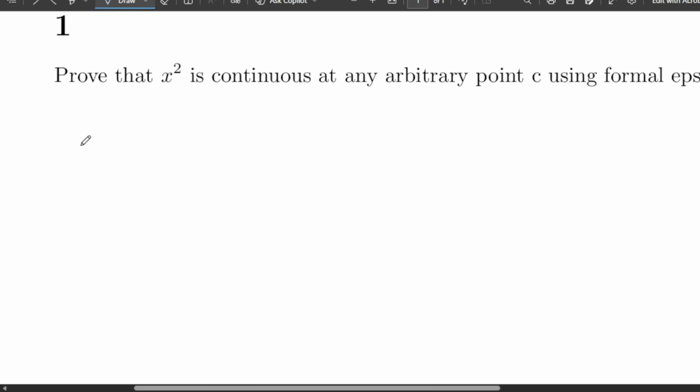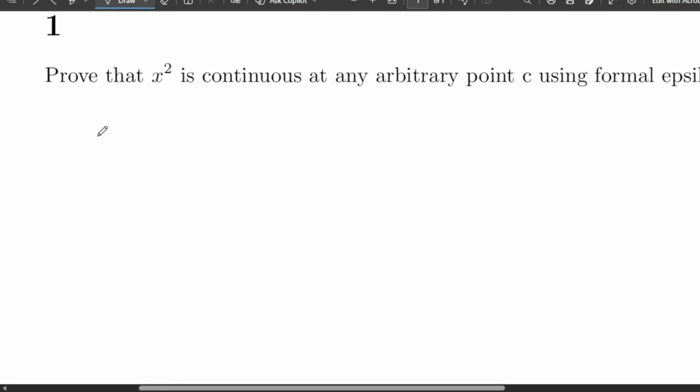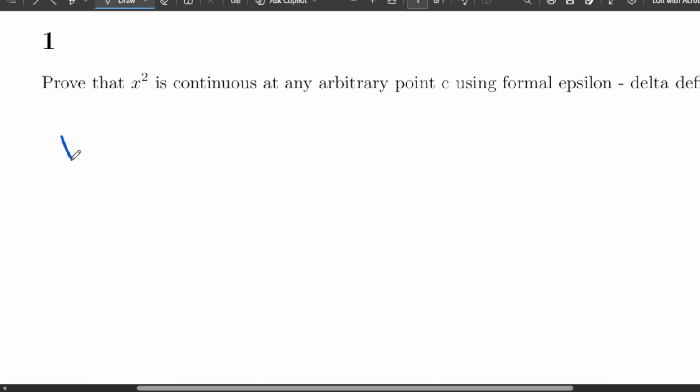So the formal definition of continuity at some point C is that, if f is continuous on the interval I, that means f must be continuous at any arbitrary point C in the interval I.